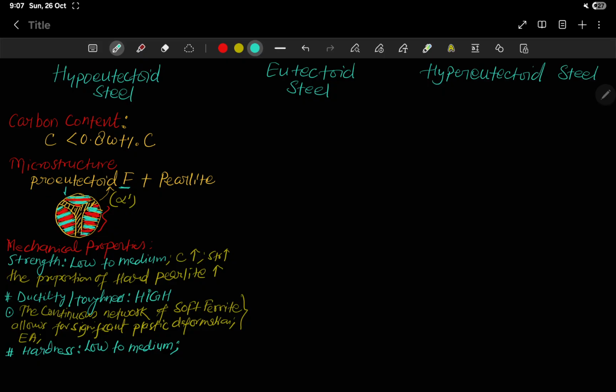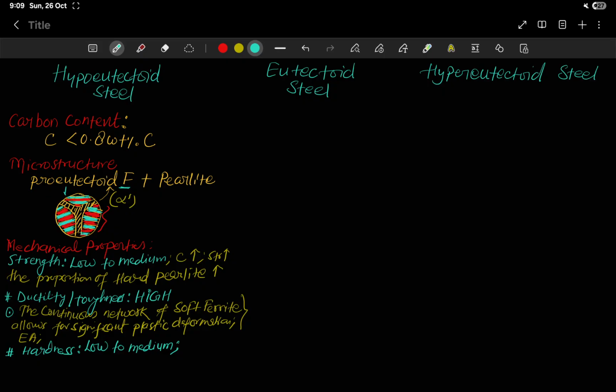Hardness generally depends on the carbon concentration, that is, how much carbon is situated inside the interstitial voids, which we have discussed, octahedral and tetrahedral. As the carbon concentration here is very low, hardness will be low to medium. Now let's explore what happens in eutectoid steel.